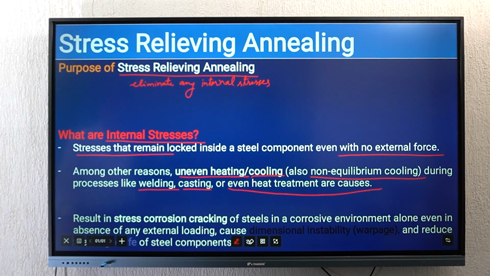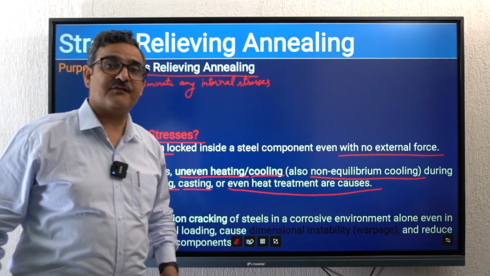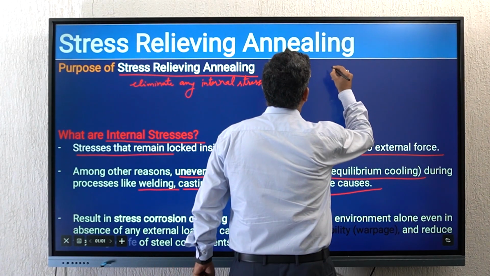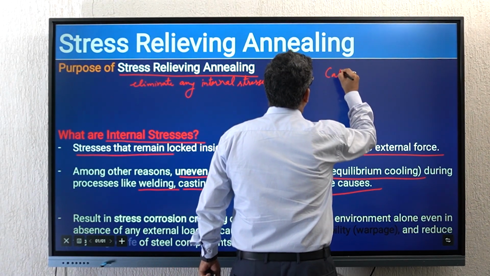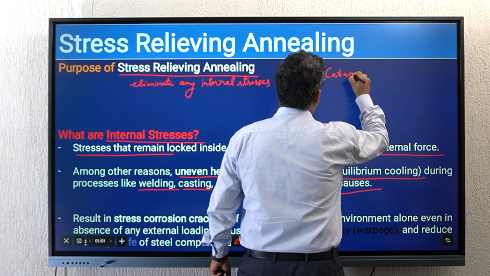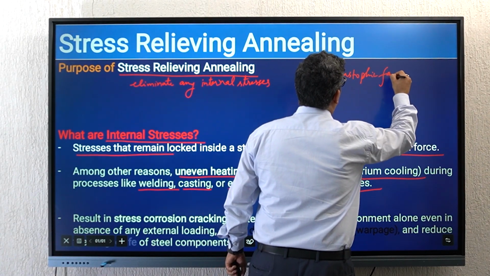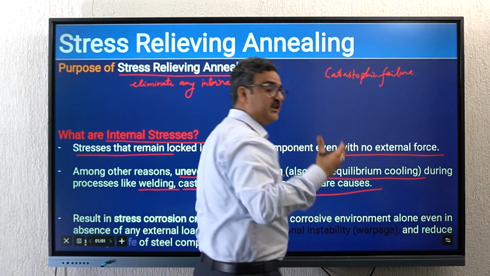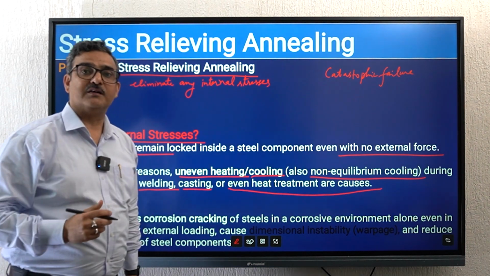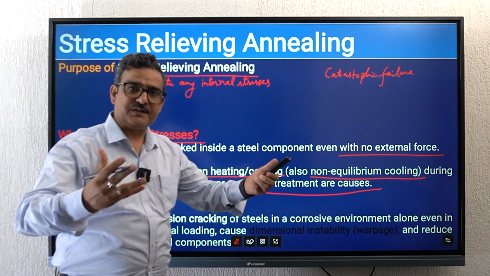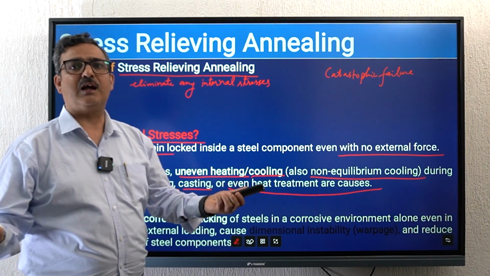And what are the ill effects? Why are we so worried if internal stresses are present in a material? You would have heard in several news reports that some catastrophic failure of a ship occurred. All of a sudden the structure failed, some bridge collapsed.